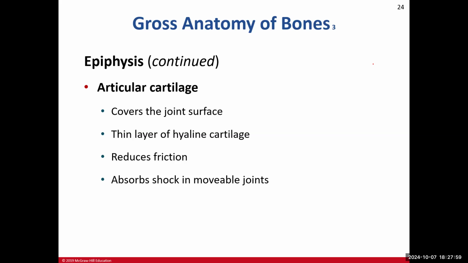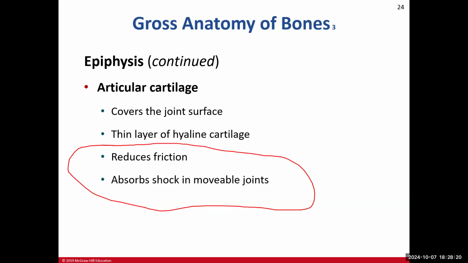And that's very painful because bone is very sensitive to pain. So the articular cartilage protects the underlying bone because it reduces the friction, so the bones will slide by each other. So it's very important that you know that it does these two things: it reduces friction, and it's a shock absorber.